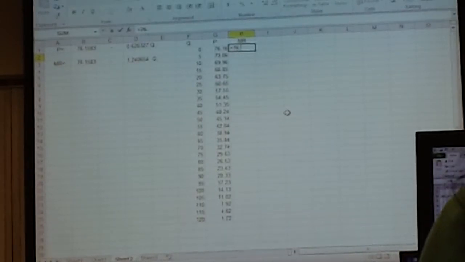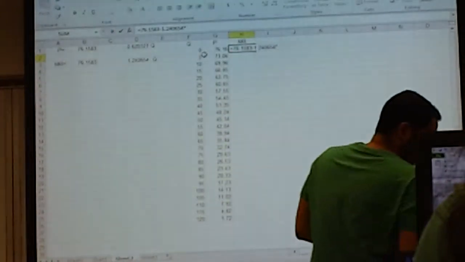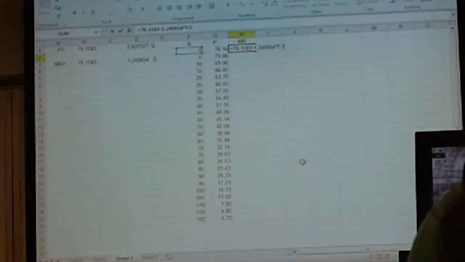So now we can put the marginal revenue curve equal to 7, 6, 1583 minus 1.24 0, 654 times U. Write that down.